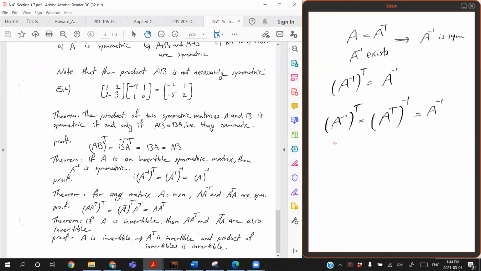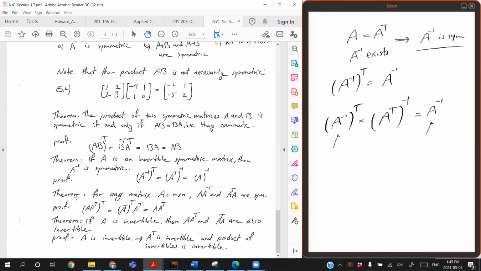I have proved that the transpose of A inverse and A inverse are the same thing, making A inverse symmetric. Are we good? Next theorem. These are very easy proofs, just one-liner proofs, so these are actually good candidates for the tests.